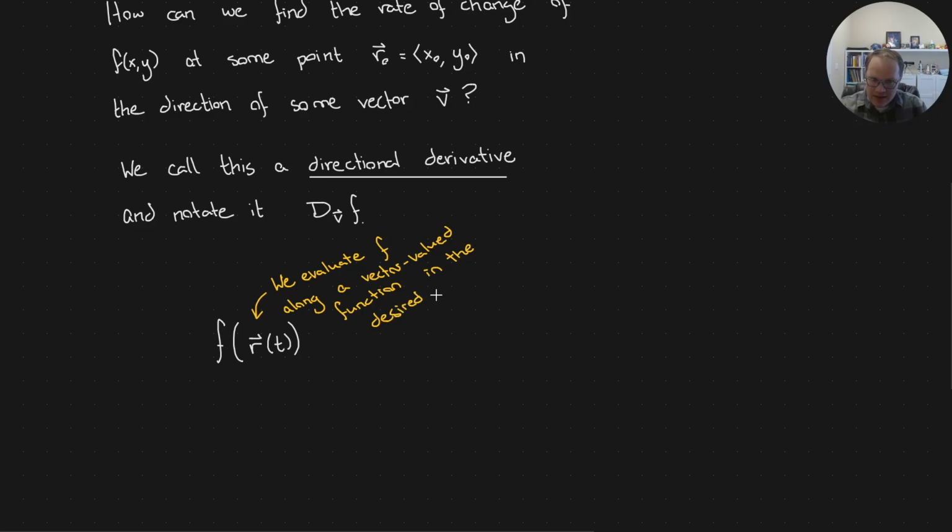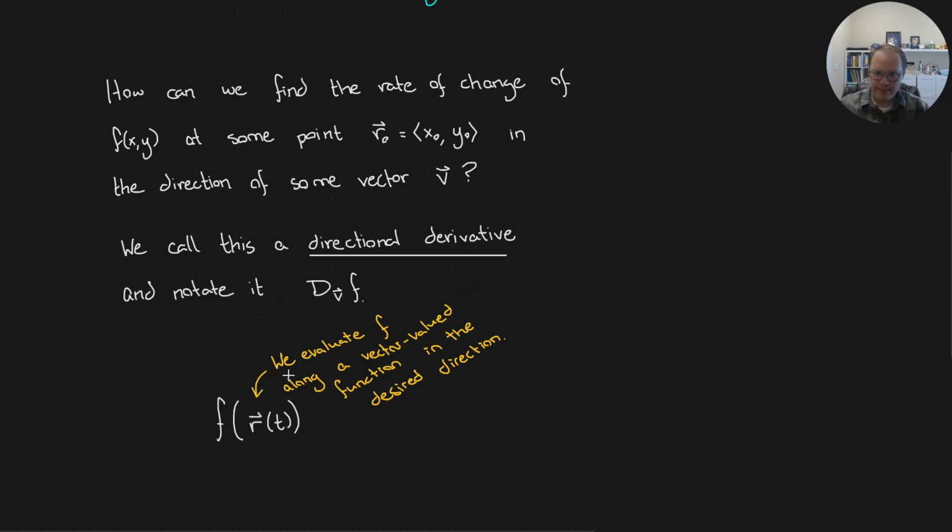And then if I can find that, then I can take the derivative of it, and that will give me my directional derivative. Right? But I need to find a vector valued function in the direction I want. So if I want to move in the direction of a vector, that means I'm moving in a straight line, right?